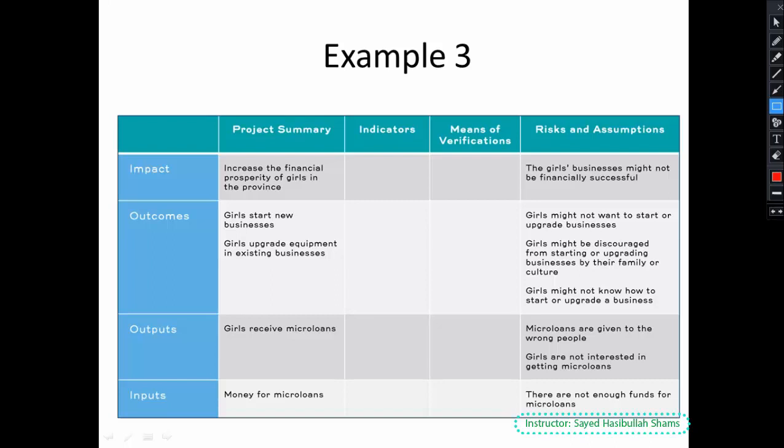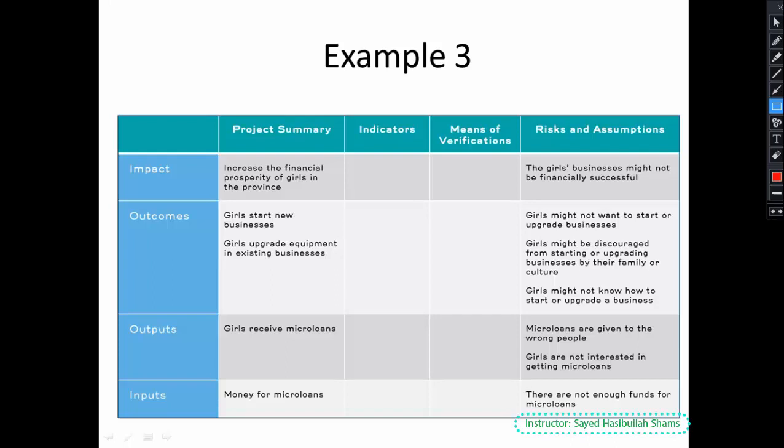So also for outcomes, girls start new businesses. So we have created assumptions. Girls might not want to start or upgrade businesses. Girls might be discouraged from starting or upgrading a business by their family or culture.